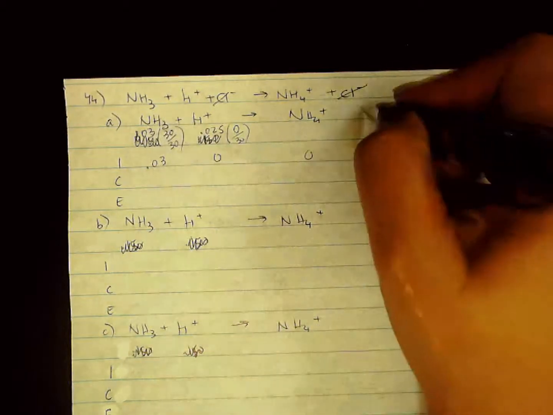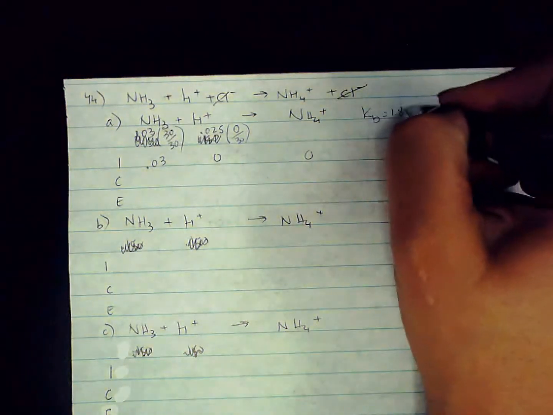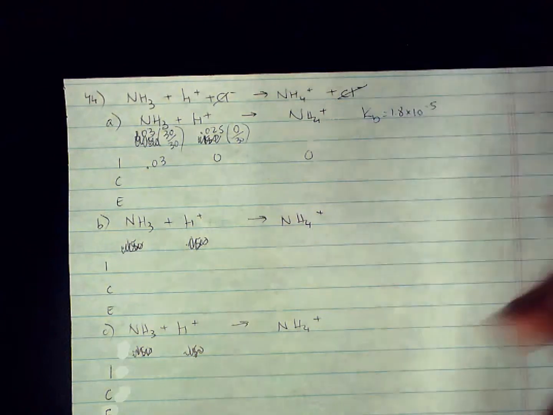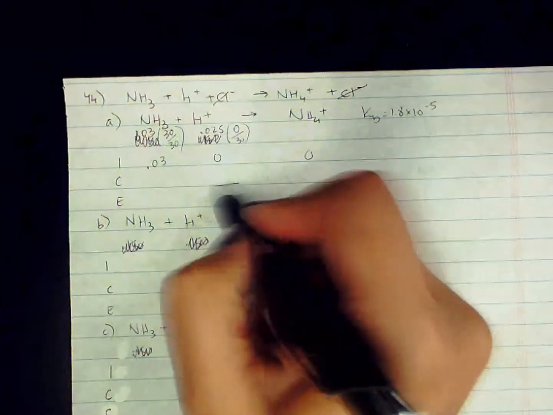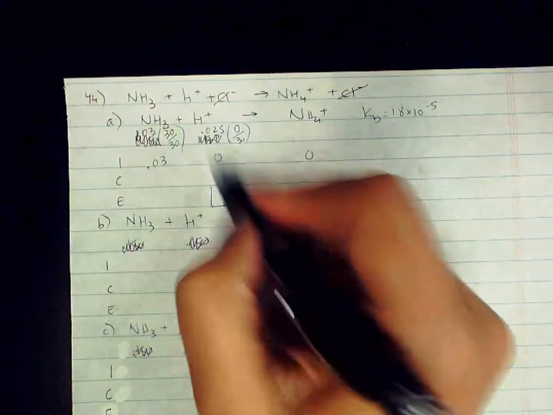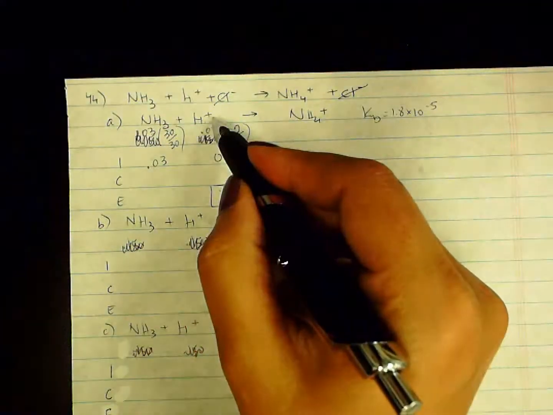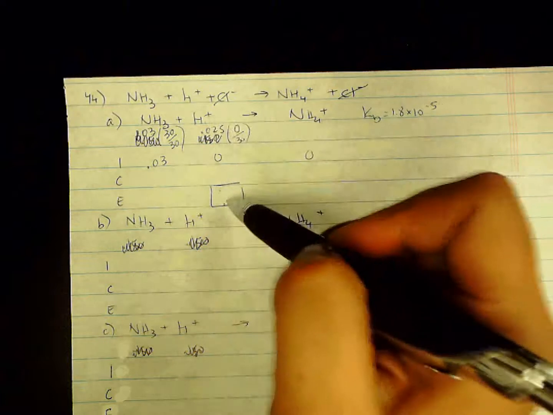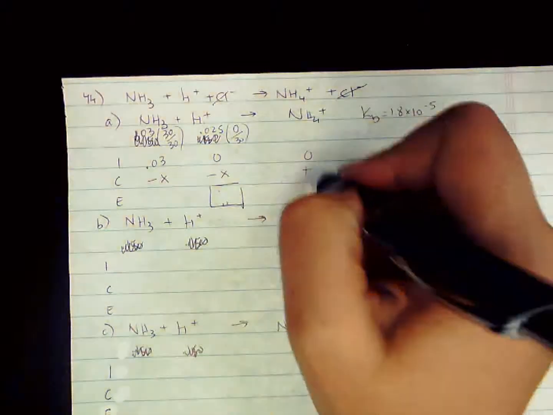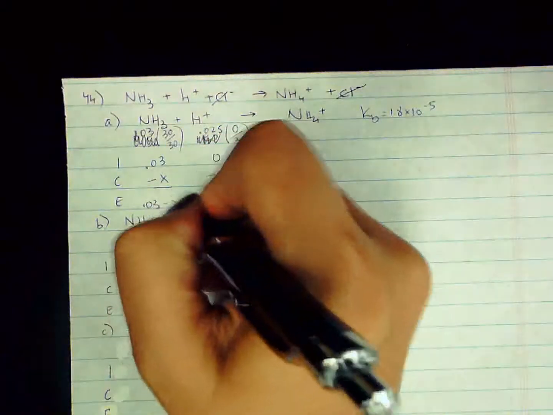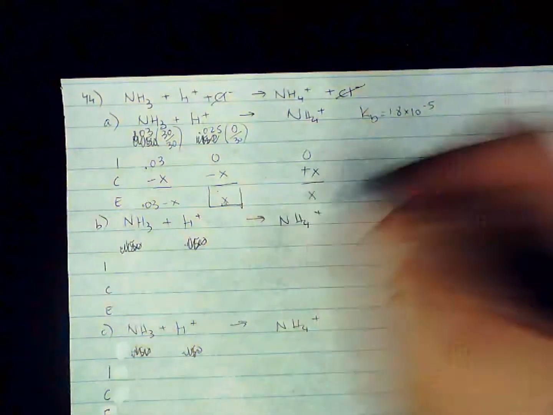The Kb of ammonia actually happens to be 1.8 times 10 to the negative fifth. And basically what we want is the number right here underneath the hydrogen ion column, because that's what's going to give us pH. For me to be able to get that number, I'm going to have to do these ugly RICE problems where I subtract x on the left and gain x on the right, and put them into the mass action expression to figure out what x is.